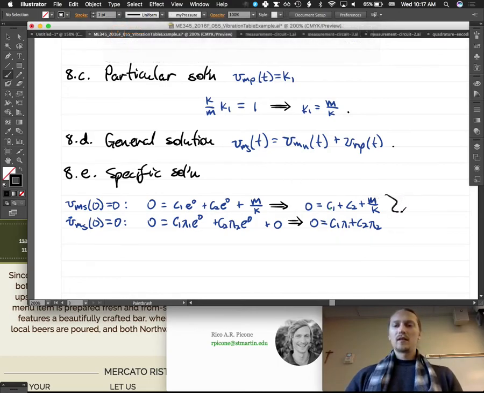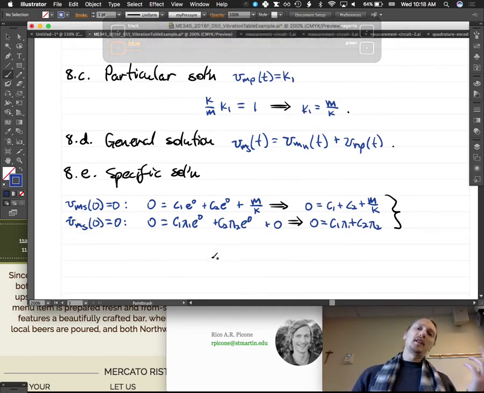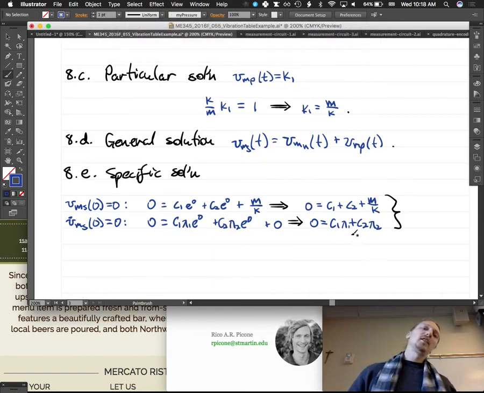Okay. Now, if we want to solve, so this is just a set of two simultaneous equations, right? And they're linear. Just solve for C1 and C2. Do that whatever way you want. You could do elimination here, you could do substitution, whatever you feel. The solution is actually not very hard.